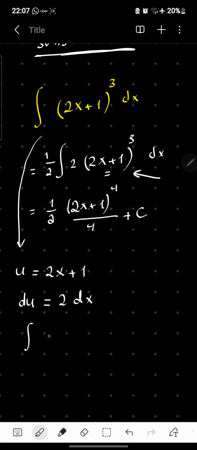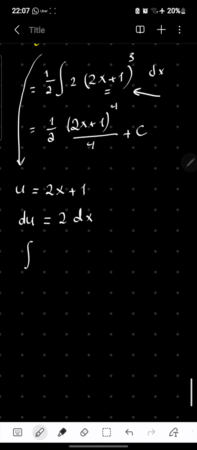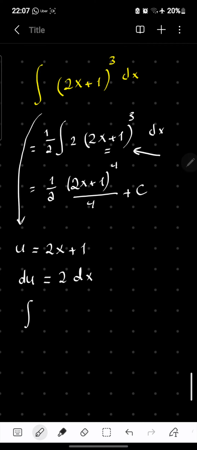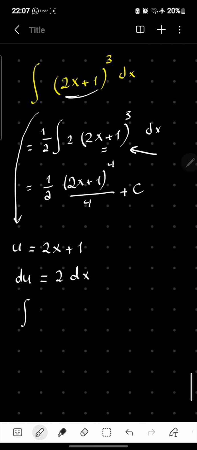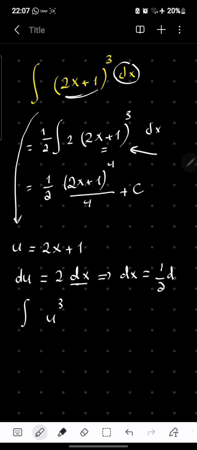Now let's write our integration in terms of our new variable. We substitute 2x plus 1 by u^3, and the dx here will be half du.